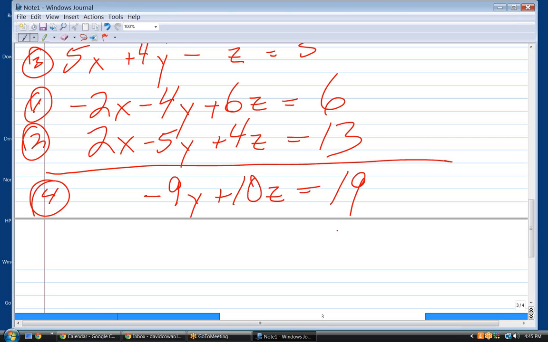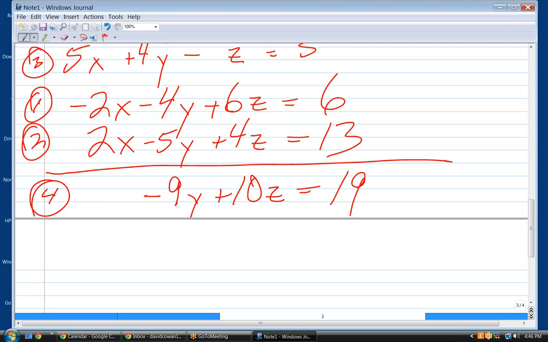So there's my equation 4. Now, if I can create an equation 5 that has these exact same two variables, y and z, and no x, then I'll be home free because I know how to solve two equations and two unknowns.